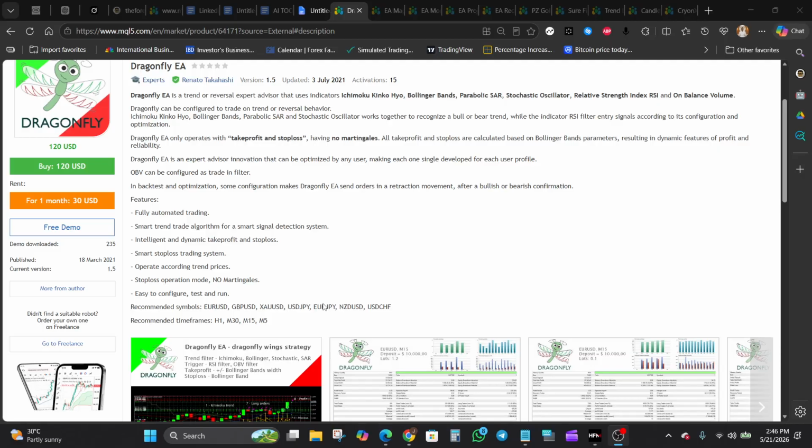The listing also mentions that OBV can be configured as an additional trade filter, and in some optimized backtests, the EA may enter during retracement movements after bullish or bearish confirmations are already established.